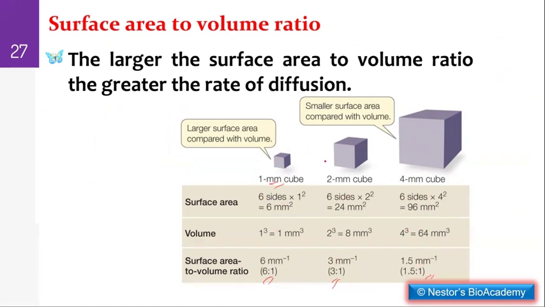So again, what this implies is any molecule moving out of this confinement will move through a shorter distance, but one that is to move from the center, for example, to the outer environment will take a longer time. So the larger the surface area to volume ratio, the greater the rate of diffusion.